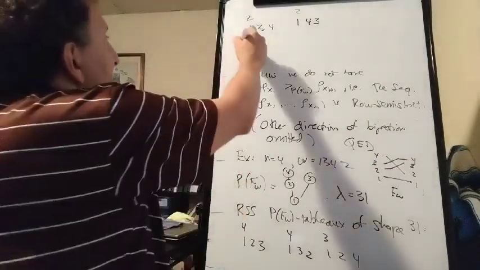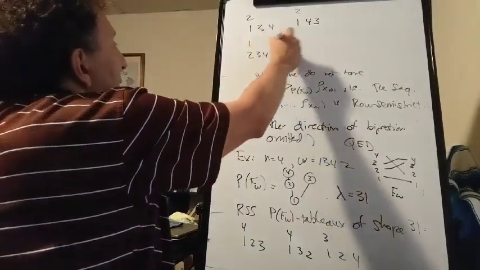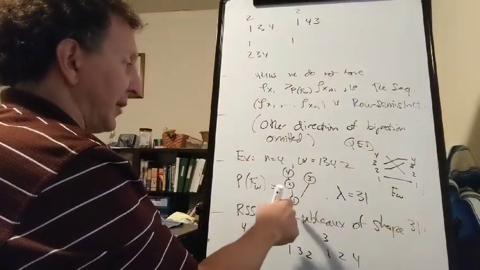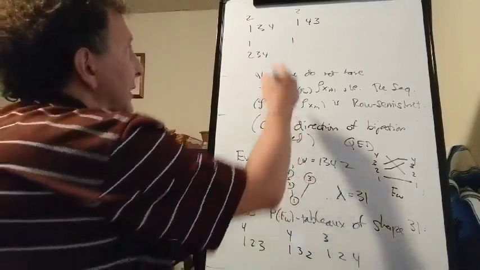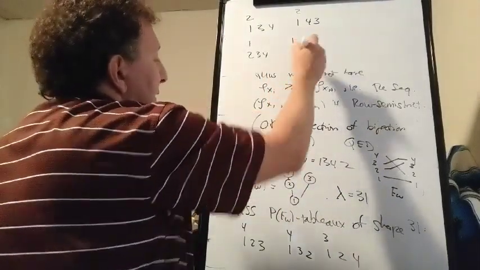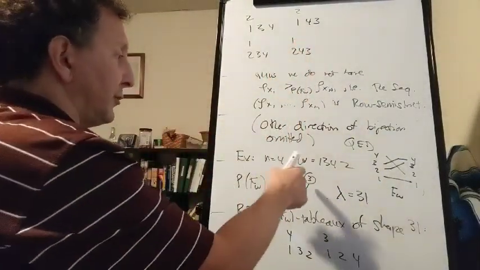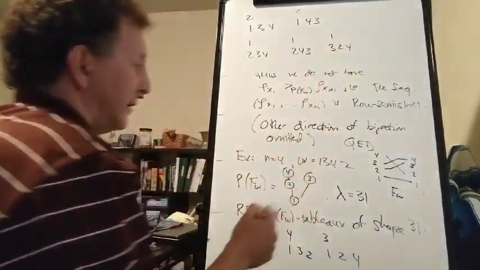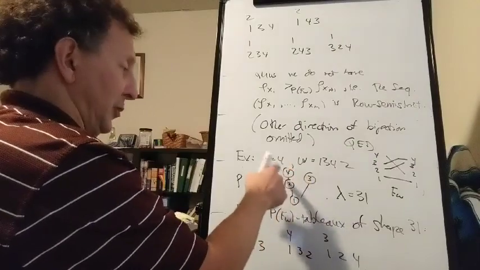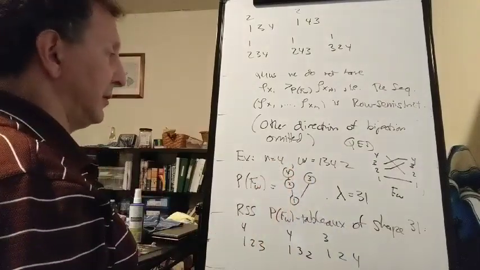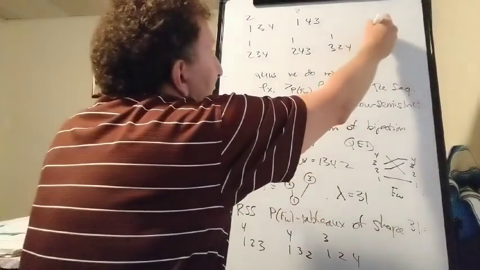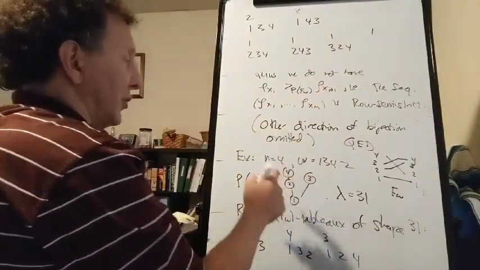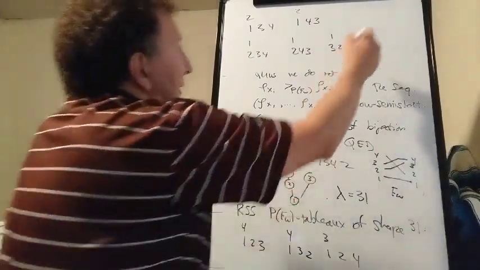And then if we put 1 by itself and 2, 3, 4 in the first row, 2, 3, 4 can be written in that order. Also 2, 4, 3. Also 3, 2, 4. Not 3, 4, 2 because 4 is greater than 2 in the poset. And we could also have 4, 3, 2. Not 4, 2, 3 because 4 is bigger than 2, but 4, 3, 2 is okay.